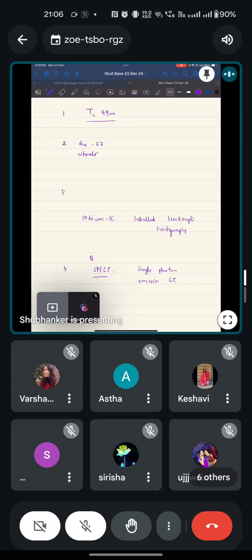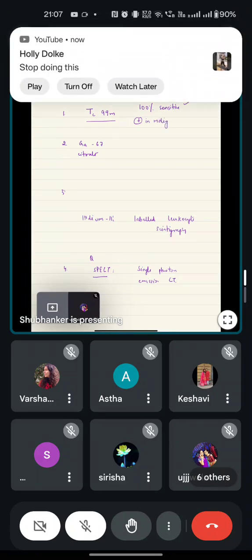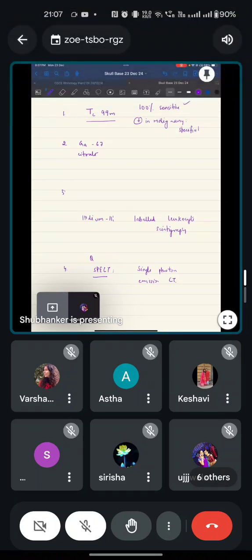The full form is technetium 99 methylene diphosphonate, MDP. So the first thing is that this is 100% sensitive. But the problem with this is that since this is also positive in malignancy, its specificity becomes less. So this will be one advantage and one disadvantage.